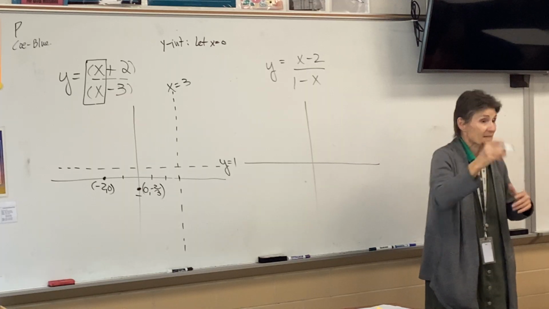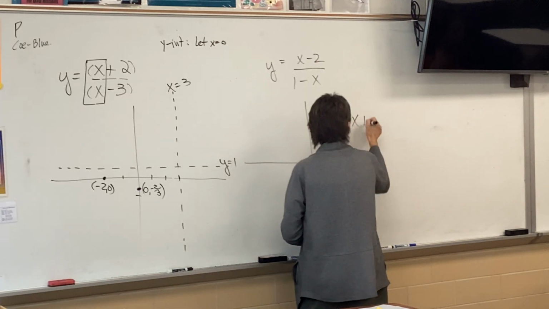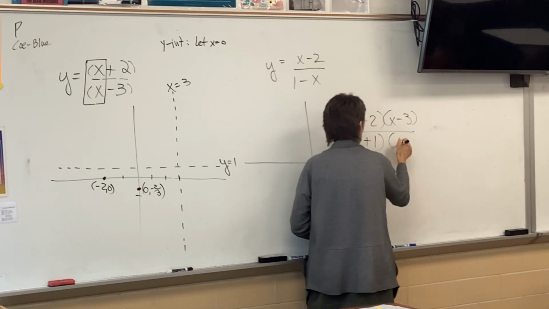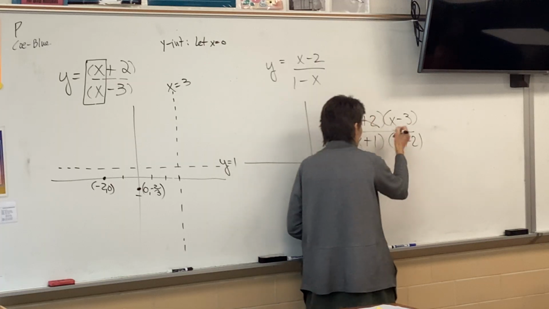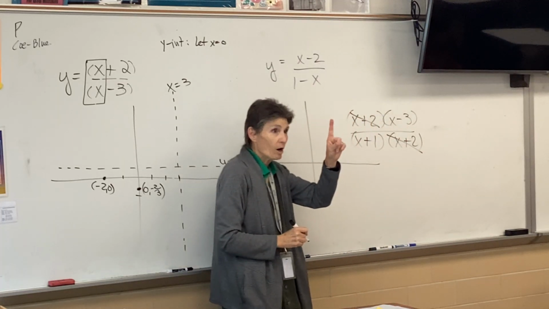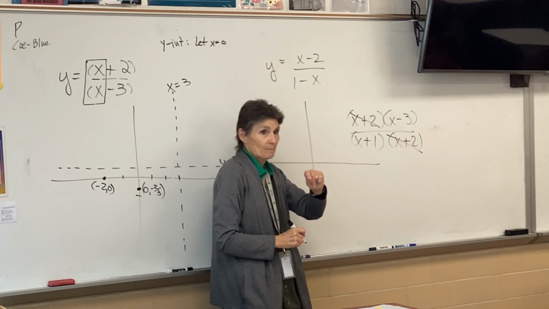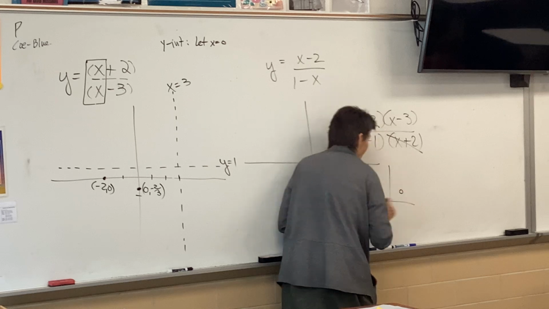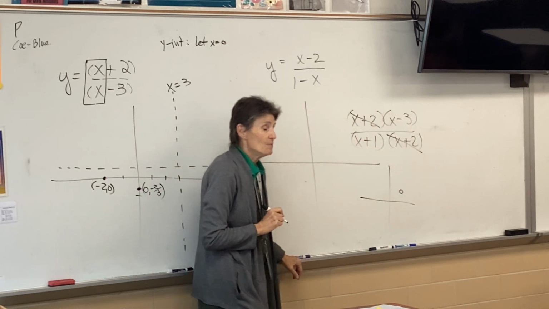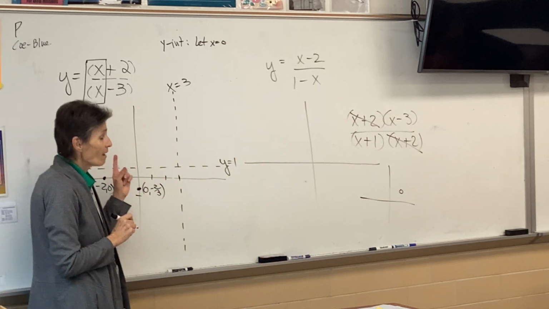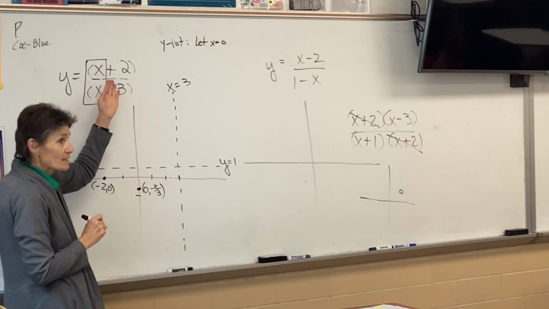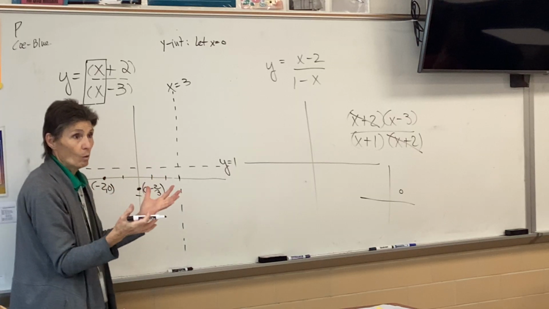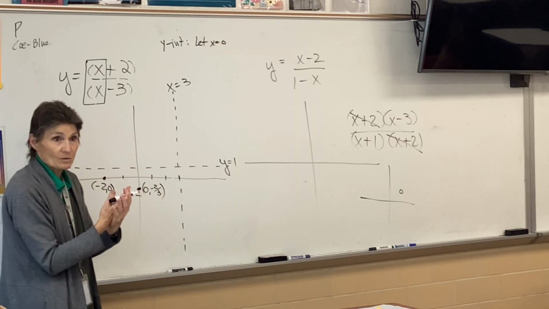So if we had a problem that looked like this, and we factored it, and we got this, see that right there? That would cause a hole. And a hole is nothing more than an open dot in your picture. This problem does not have any holes because obviously these don't cancel. And the only way you can get a hole is if your problem cancels.